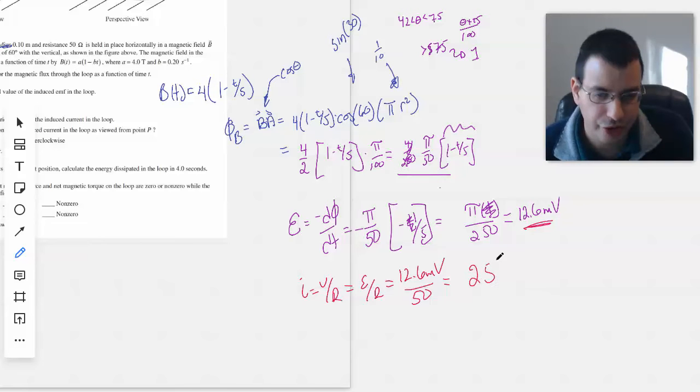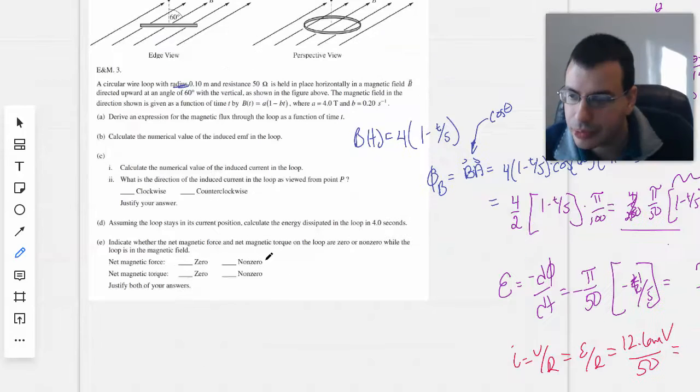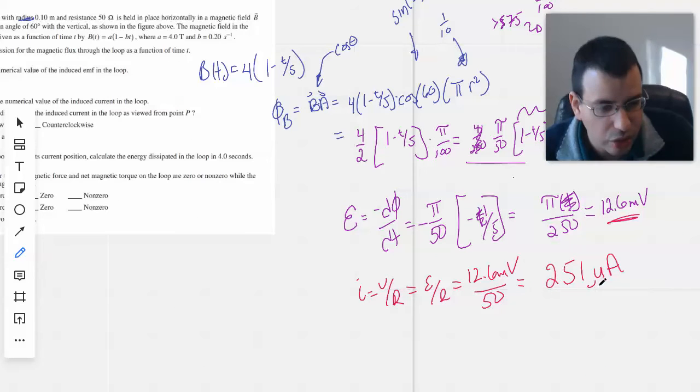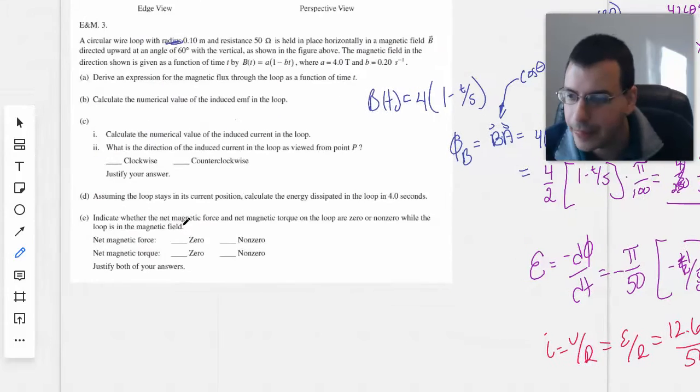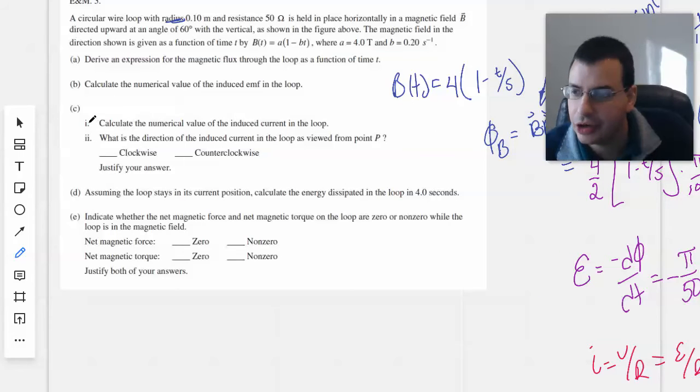Yep, 251 microamps. Okay. Calculate the numerical value in the loop. Check.